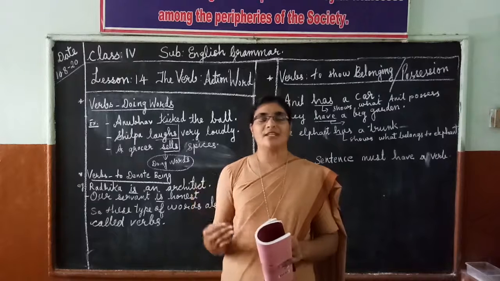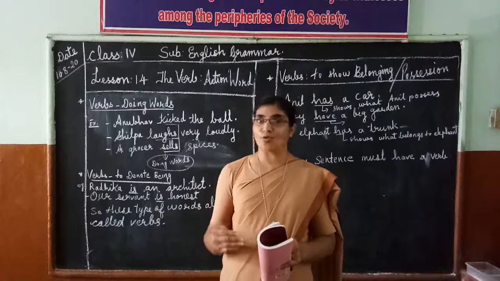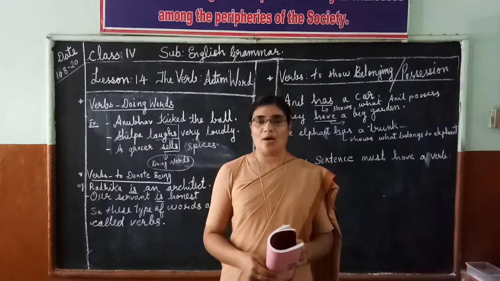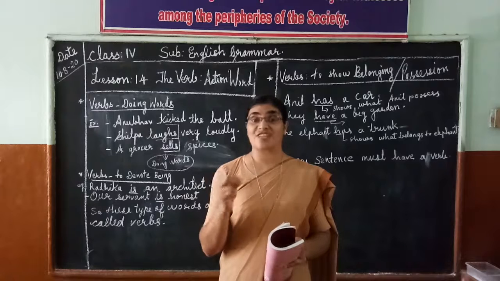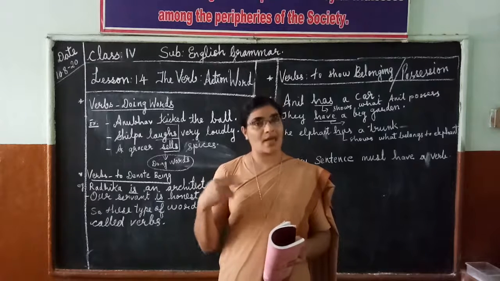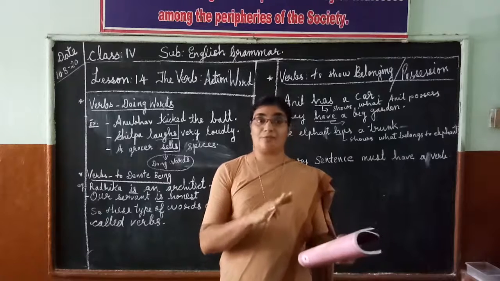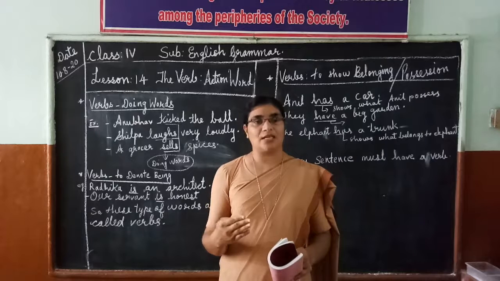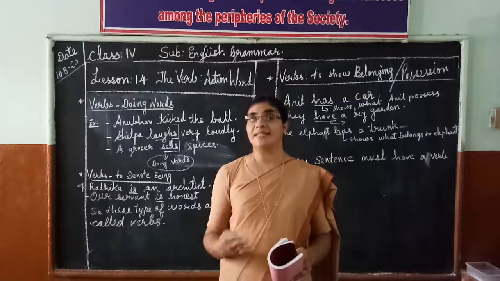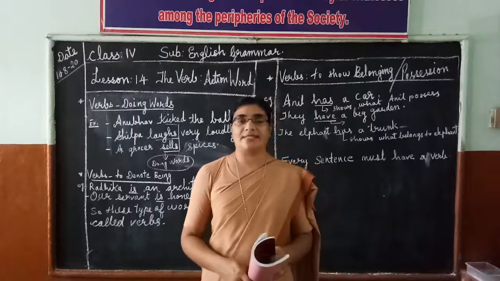Means those words which tell us what a person, animal or thing is doing are known as verbs. We also call them action words, the word that the subject does, that becomes the action.